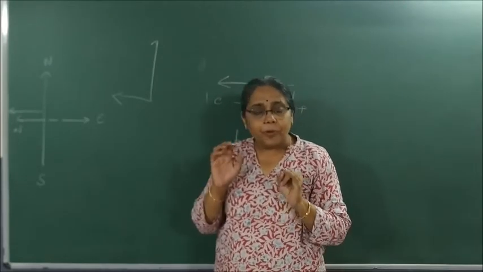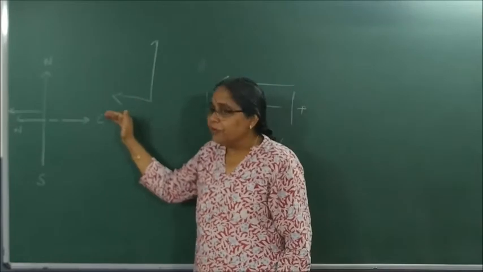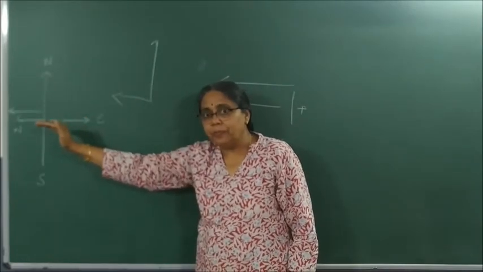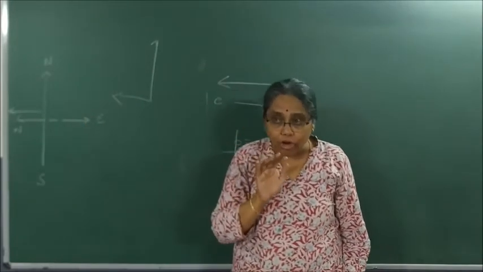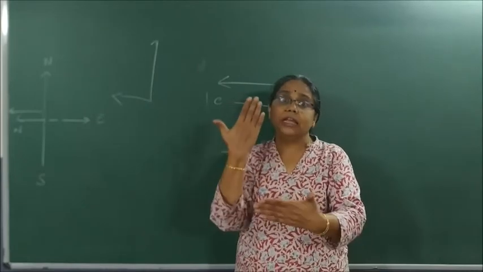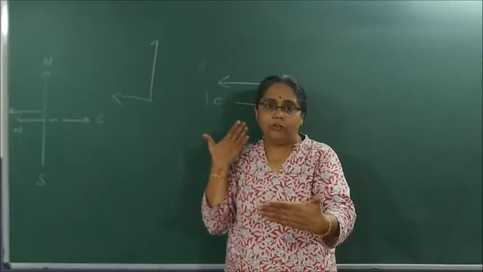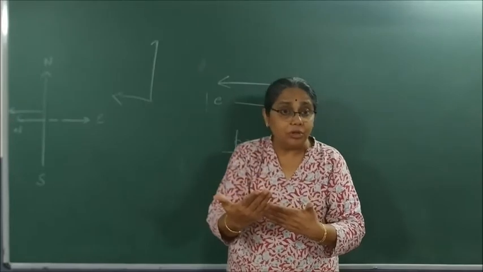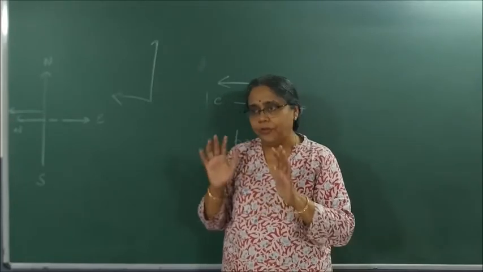Okay? If a proton enters, the direction of current is taken as the direction of the movement of the proton. If the electron enters, the direction of current is taken as opposite to the direction of electron, because current flows opposite to the direction of electron.